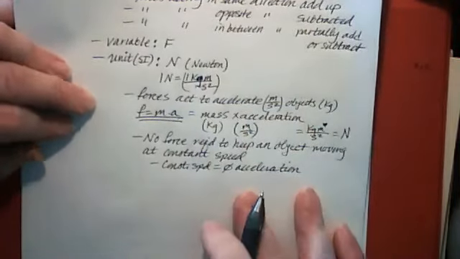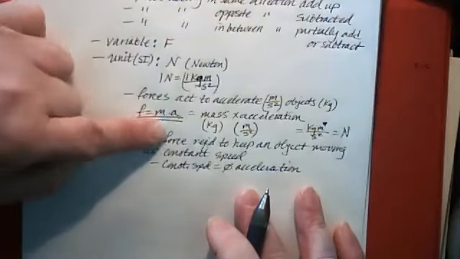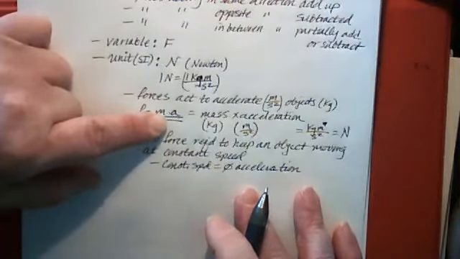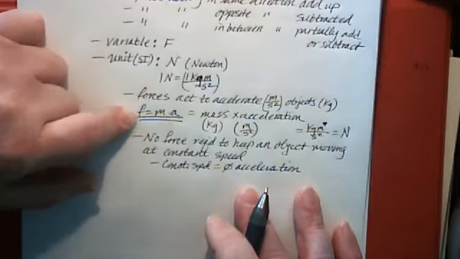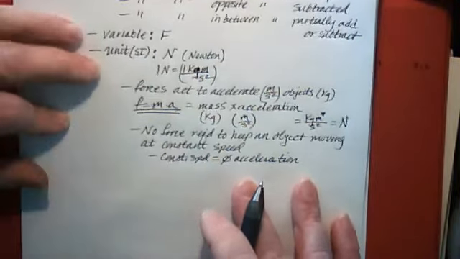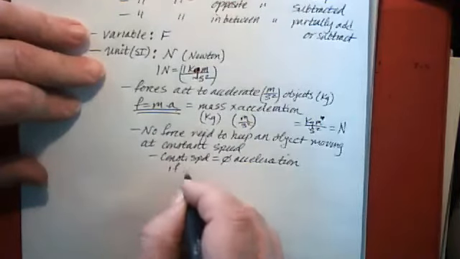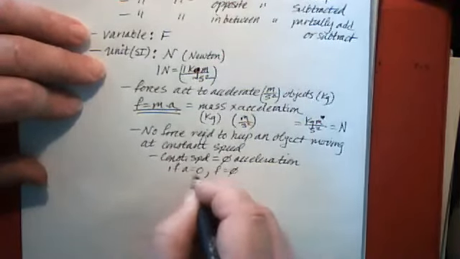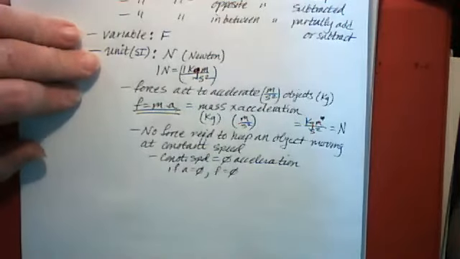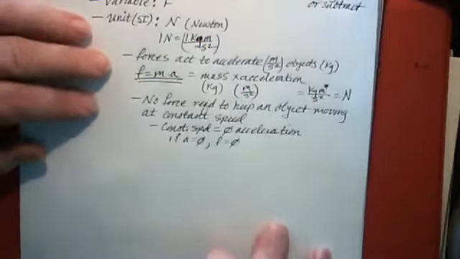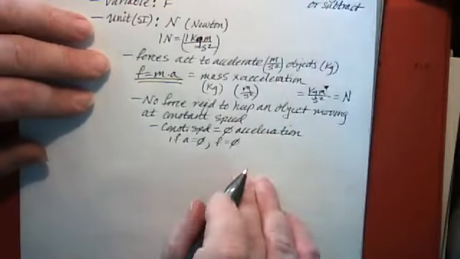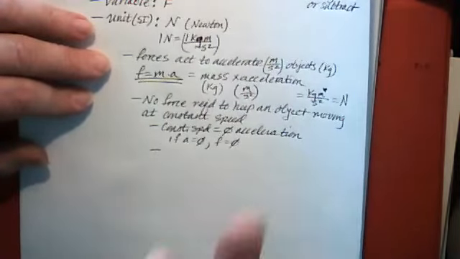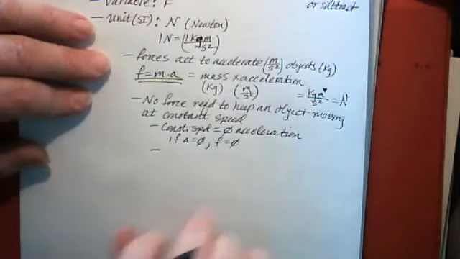So look at the equation above. If acceleration is 0, then it doesn't matter what the mass is. Anything times 0 is 0. So force is 0.